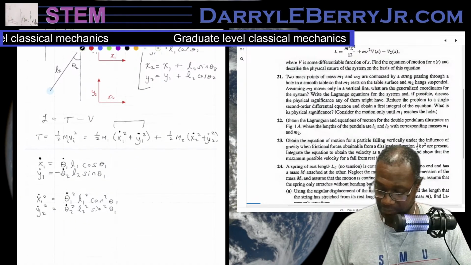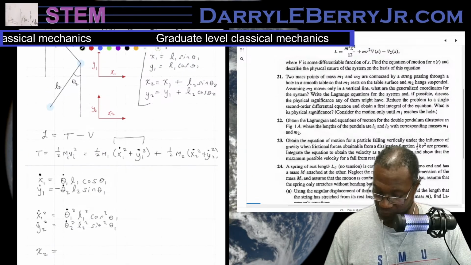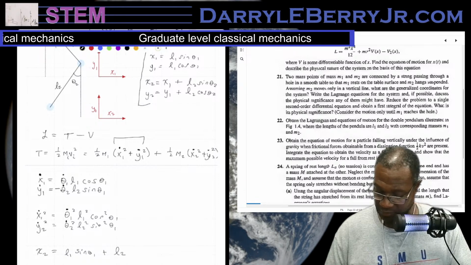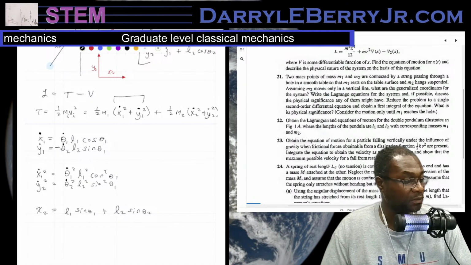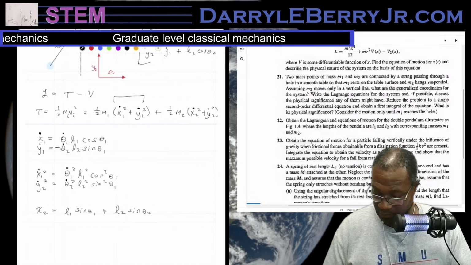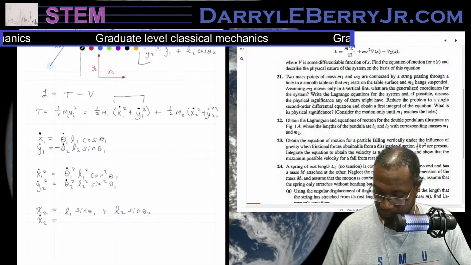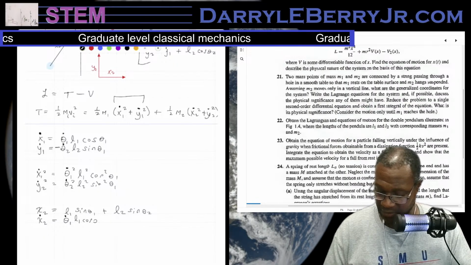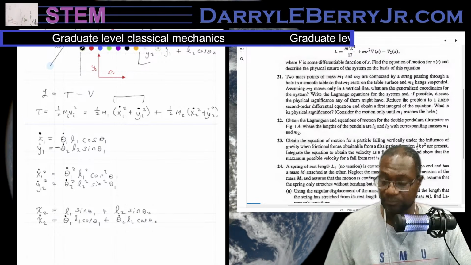And so we'll do x2 dot. So x2 equals L1 sine theta 1 plus L2 sine theta 2. Make sure I got that right. Yep. So x2 dot equals, we're still going to have the theta 1 dot L1 cosine theta 1 plus theta 2 dot L2 cosine theta 2.